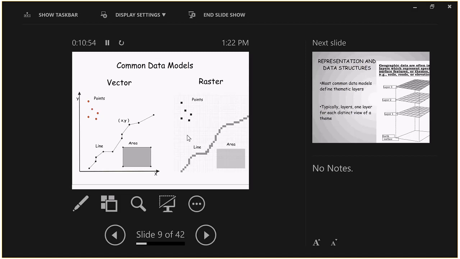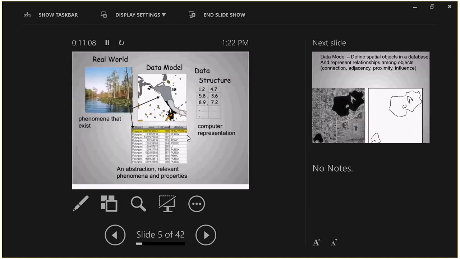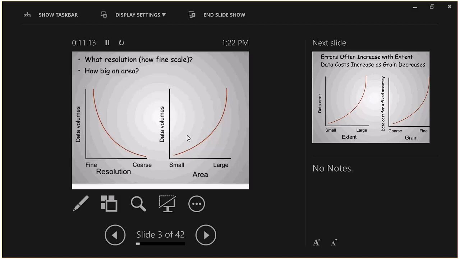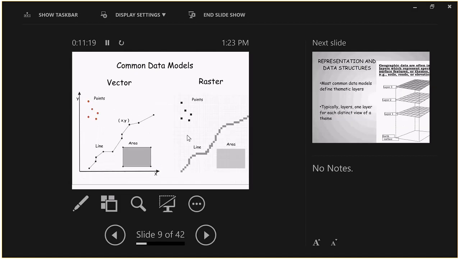The symbol itself, when you see it on the screen, there's a little circle that has an area associated with it, but an actual XY point doesn't have an area associated with it. However, that's a decision that we make when we talk about resolution. At certain levels of detail, a city can be represented as a point.